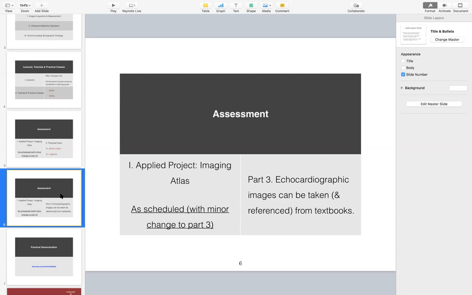I can't give you all the details at the moment. I might stop sharing for the minute. I can't give you all the details just yet, because literally we're building the exam right now.